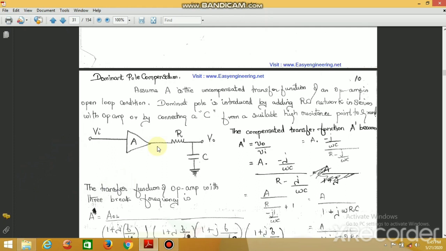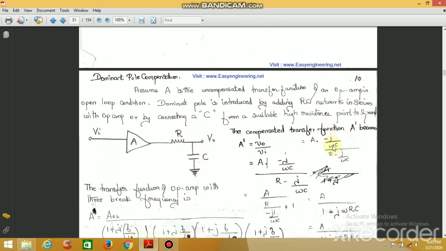So now the compensated transfer function or compensated gain will be calculated as A dash, and A dash is equal to V naught by Vi. In another form we can represent it as A dash is equal to A into minus j by omega C divided by R minus j by omega C, where V naught by Vi is nothing but A, and this minus j by omega C over R minus j by omega C occurs because of the addition of this RC network.